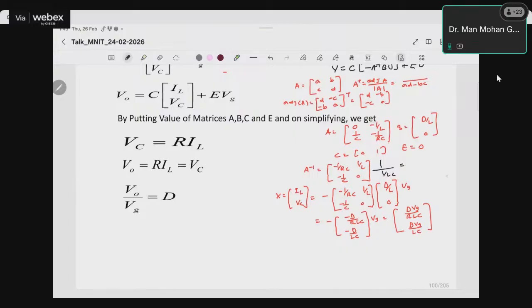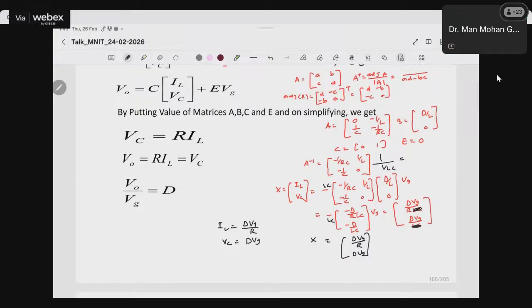So we need to multiply this with LC. So this term will not be there. So this will be just dVg upon R and dVg. So it means IL value is dVg upon R and VC value is dVg.